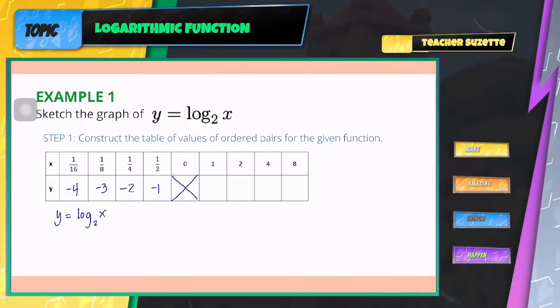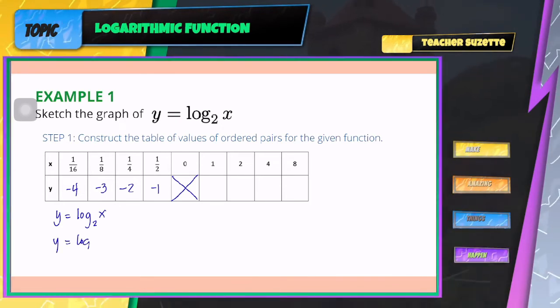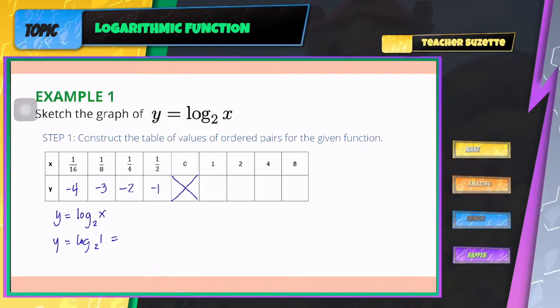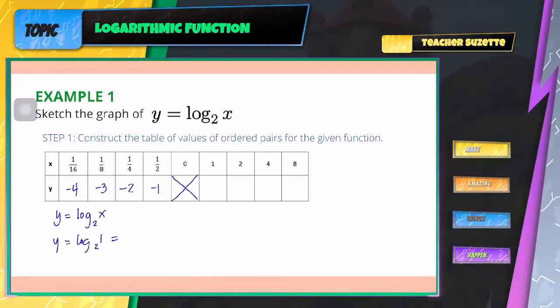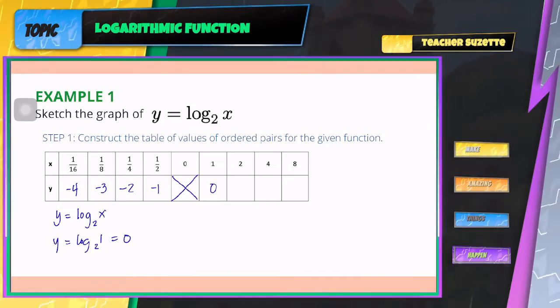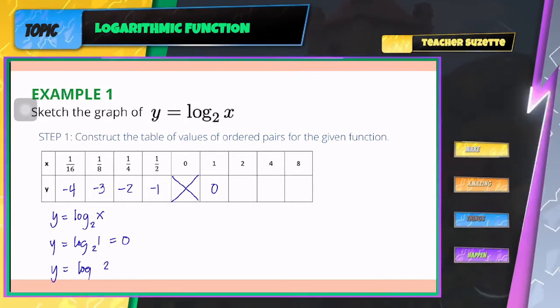For y is equal to the logarithm of 1 base 2, using the properties of logarithm, we will have 0 as our answer. Next, y is equal to the logarithm of 2 base 2.